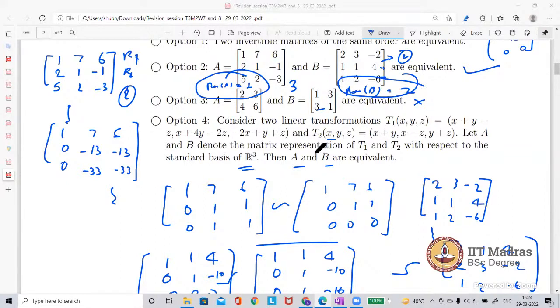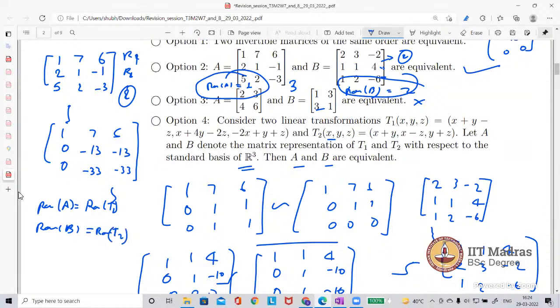So rank of A equals the rank of T1, because A is the matrix representation of T1, and rank of B equals the rank of T2. Then you can directly compare whether A and B are equivalent or not.